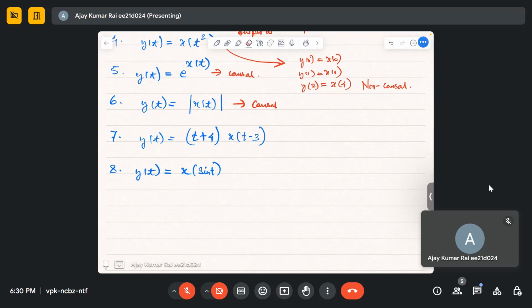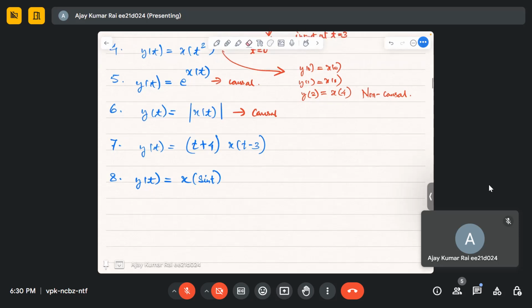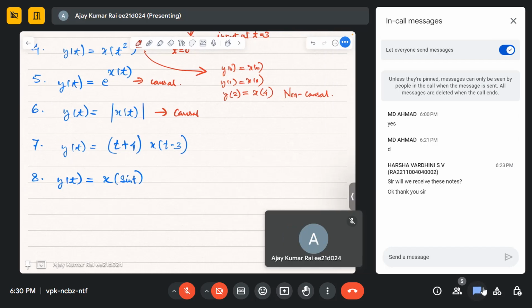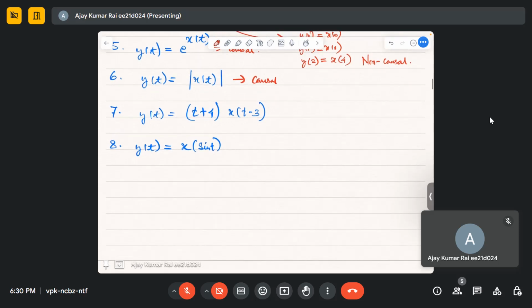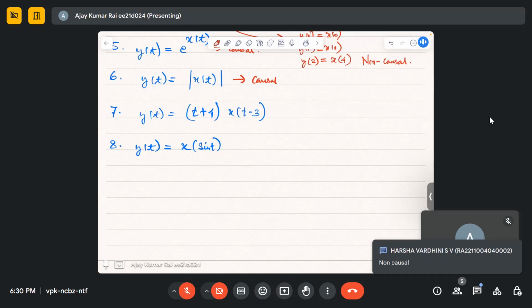What can you say about this? Just try to put different values of t and then find out whether the system is depending on future inputs or not. Okay, let me check, you're saying non-causal.